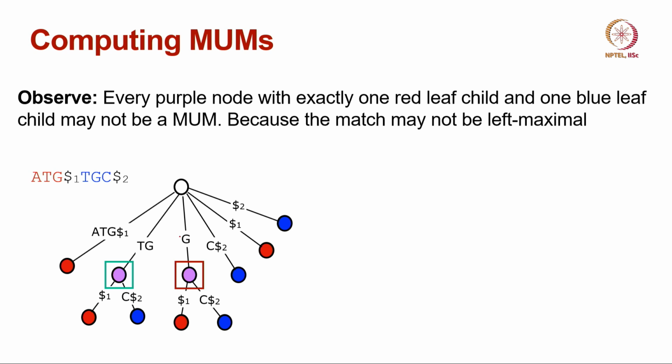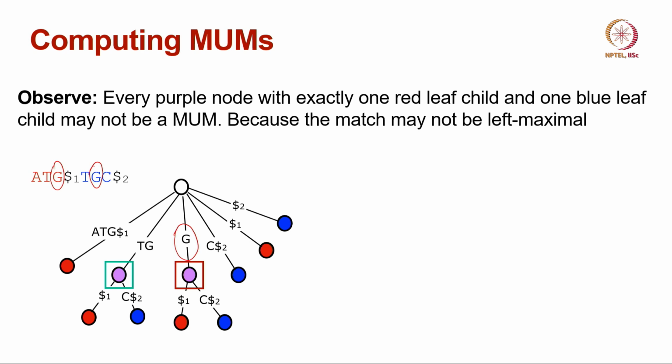Observe that the path label of this purple node, which has exactly one red child and one blue child, is not a maximal unique match, because if you see the occurrences of this substring, it is not maximal in the sense that you can extend it towards left by one position.